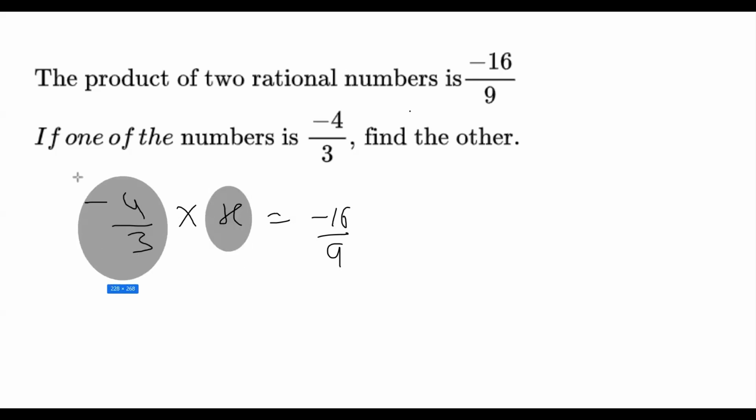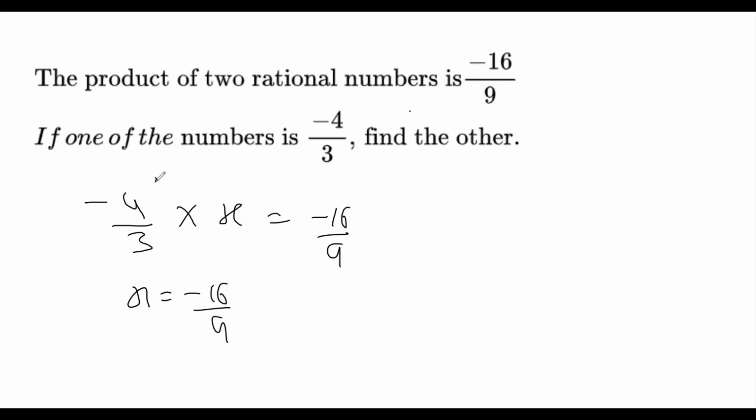For that, I'm going to transpose this to the other side. So it's going to be x. On transposing this whole thing, it has a multiply relation with x, so on the other side it should be divided.